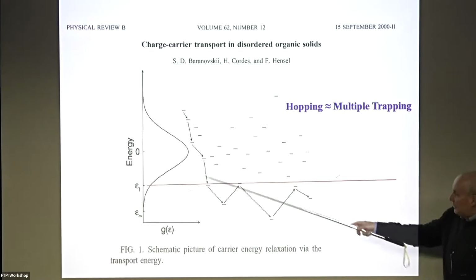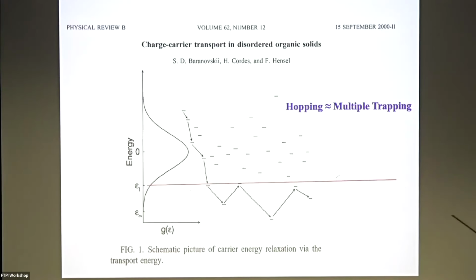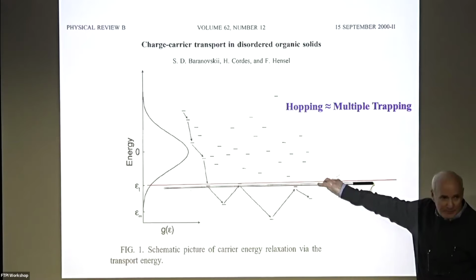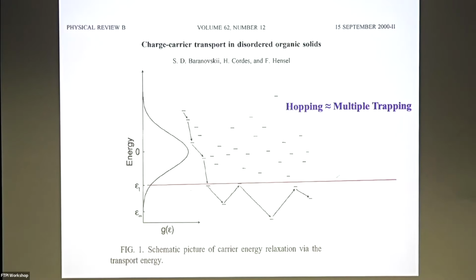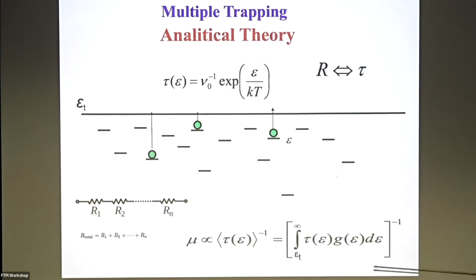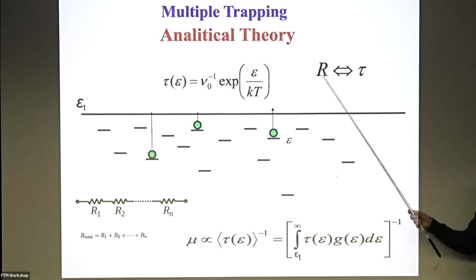And now we have the way how electrons really move in this system. This transport energy, this optimal target energy, and from any site beneath this energy, the electron returns always to the same target level. And this is well known, the multiple trapping mode of transport, and it is an exercise for bachelor students to calculate the conductivity in this case.